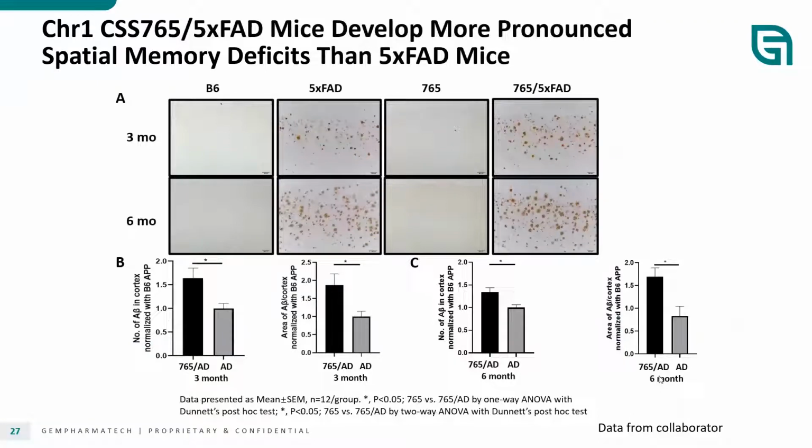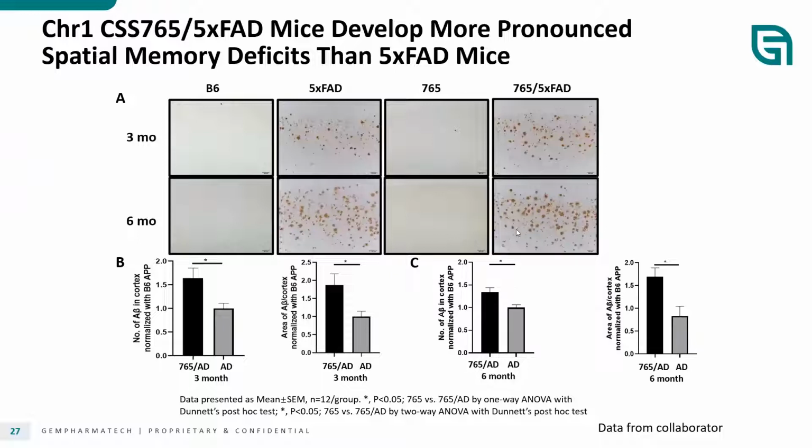We also saw that with these mouse models that they have some spatial memory deficits that are greater than in the 5X FAD alone, and the chromosome 1 mice, the 765 animals, are actually, on their own, very low in Alzheimer's disease plaques.